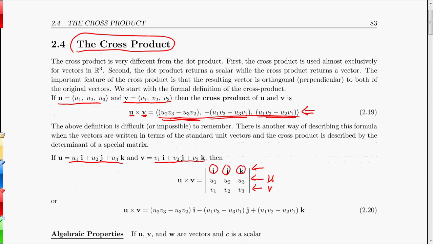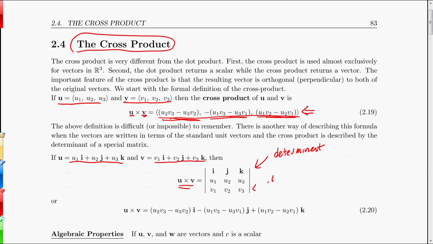And what we're going to do, we'll define the cross product u cross v in terms of this determinant, right? Remember that the single absolute value signs around a matrix represents the determinant.